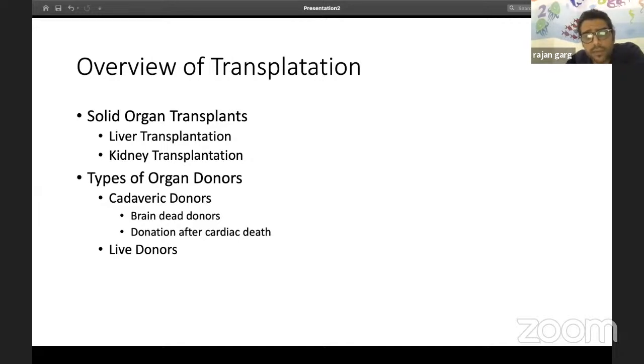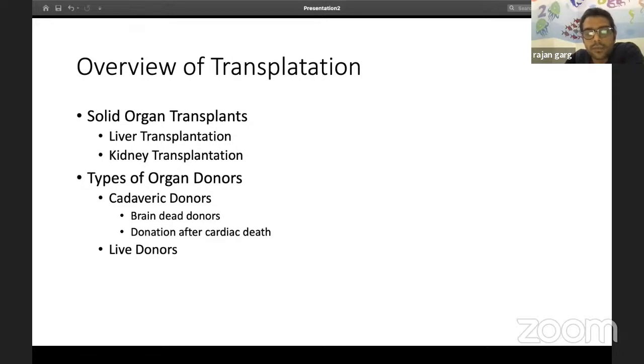Similarly, liver transplantation is pretty difficult compared to kidney transplantation. It is very complex. There has to be a team approach involving very different departments, and one transplant itself takes a huge toll on all the team members, because the pre-operative preparation takes a lot of time.